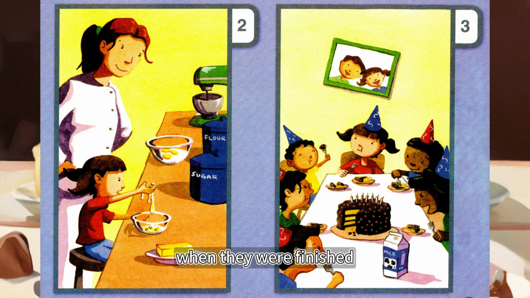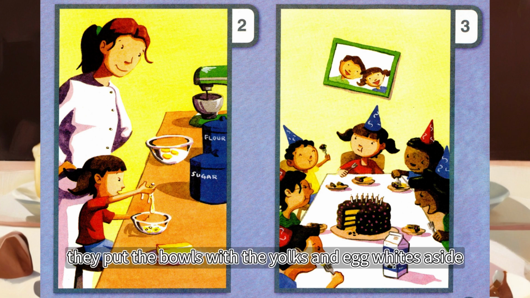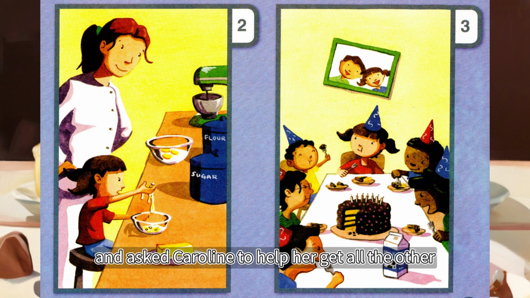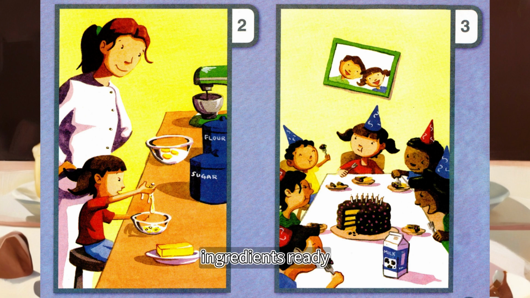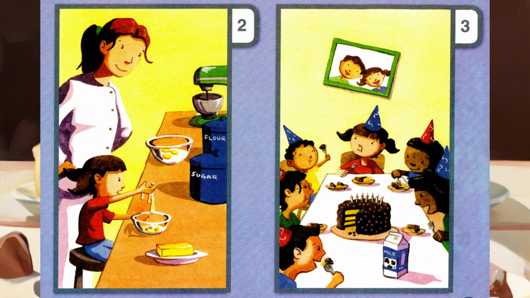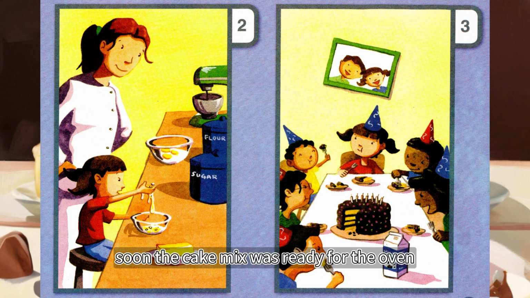When they were finished, they put the bowls with the yolks and egg whites aside. Alison looked at the recipe and asked Caroline to help her get all the other ingredients ready. After that, the butter was soft and ready to go into the mixing bowl. Alison added the sugar and eggs, then the flour and a few other things and mixed them in the mixer. Soon, the cake mix was ready for the oven.